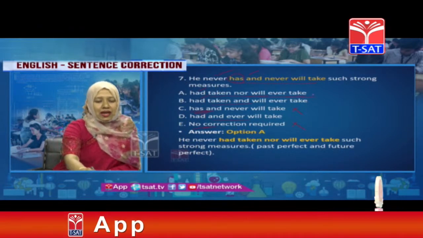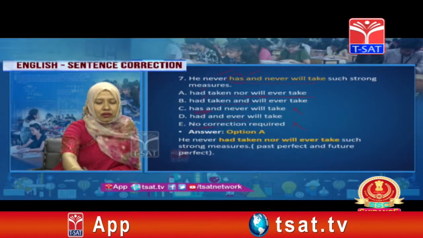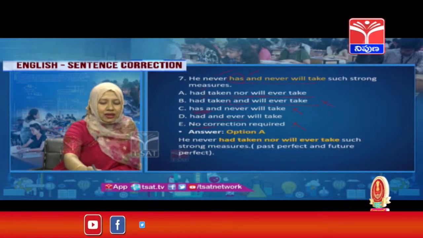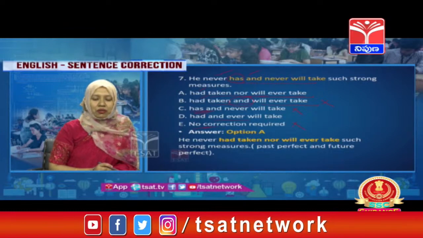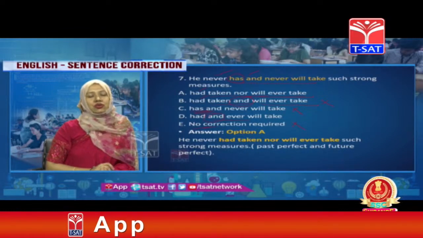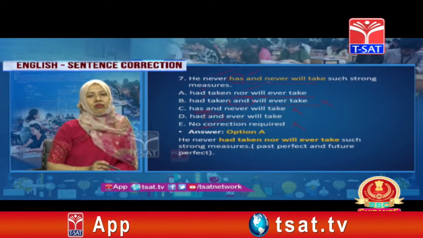So he has never, he had taken and will ever take. This is a wrong one because and is given. We cannot use the conjunction and here, so you can eliminate this. Again here in this option you can see the conjunction and is used. You should use the coordinating conjunction nor.